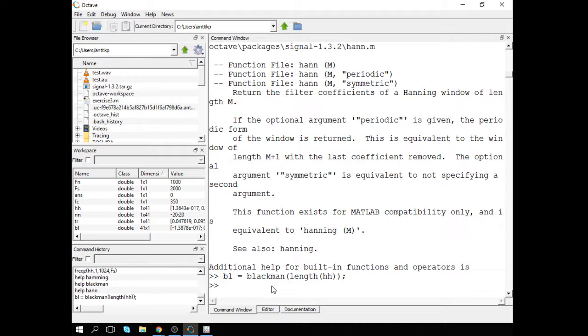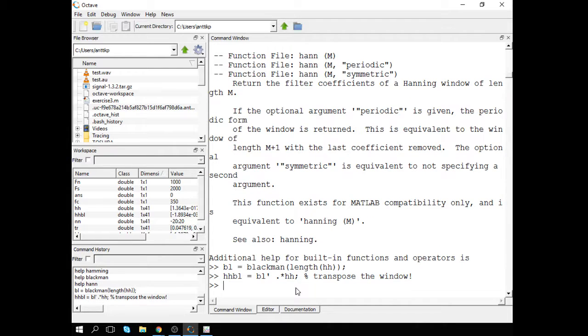Otherwise you will get some black text or red text. So BL equals BL prime, where the apostrophe means transpose, dot times HH. The trick is to transpose the window. On the triangular one I didn't need to transpose, since I was generating it myself.